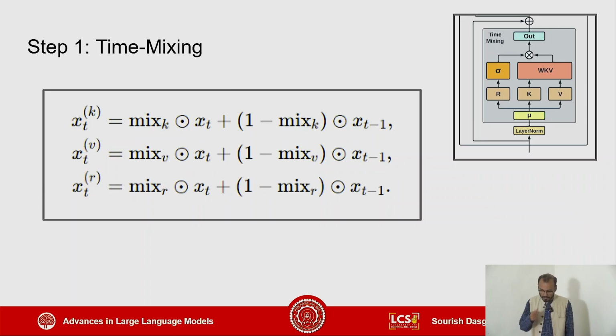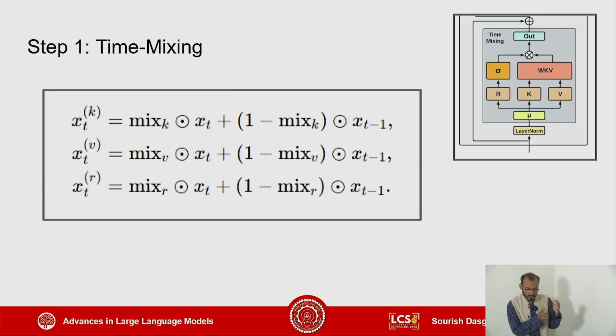I have changed the variable name a bit. In the original paper you will see that as mu, but I like this more because it tells you what it actually is trying to do. It's basically trying to mix up these two words, Mary and loves. It's trying to mix the content, the information content of these two words, right? So it says that if with a certain percentage I will take Mary, then 1 minus that percentage, or 100 minus that percentage, I will take loves.